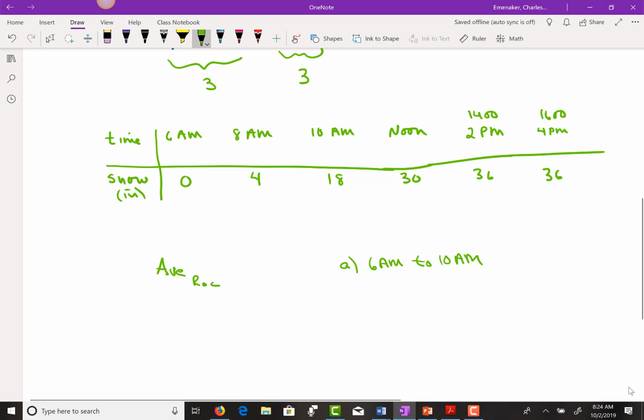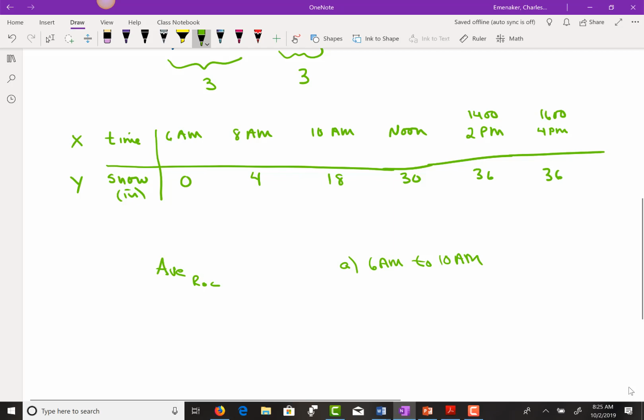Ooh, that's right. He may mix this stuff up on us. Okay, does the time decide how much snow there was, or does the amount of snow decide what time it is? Time decides snow, doesn't it? So the thing that's doing the deciding is going to be your x value, and then the other thing's got to be y.